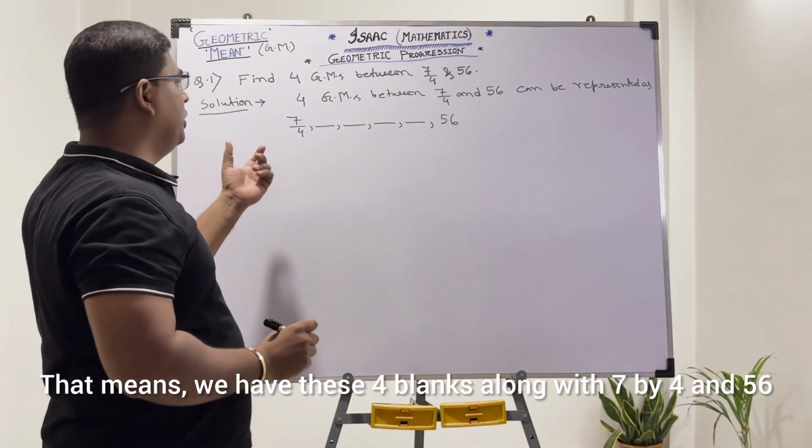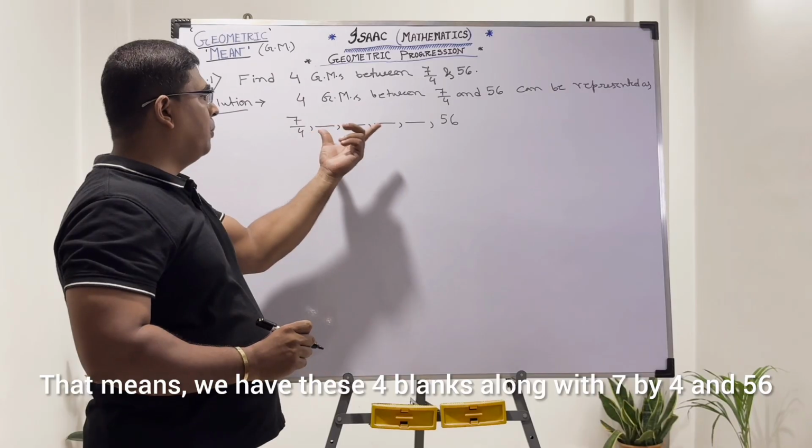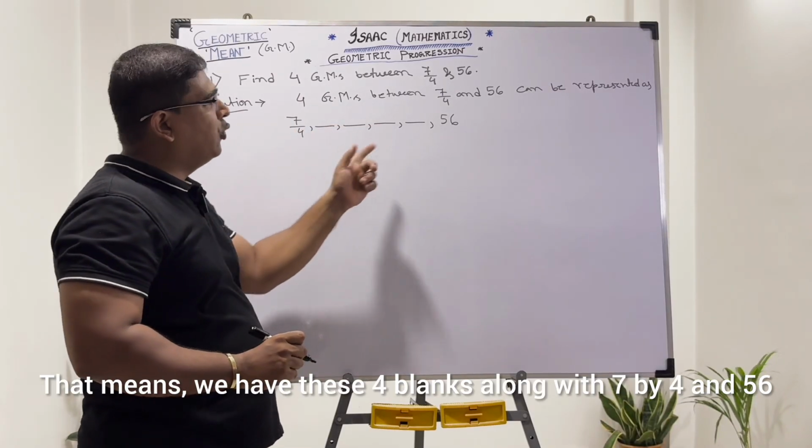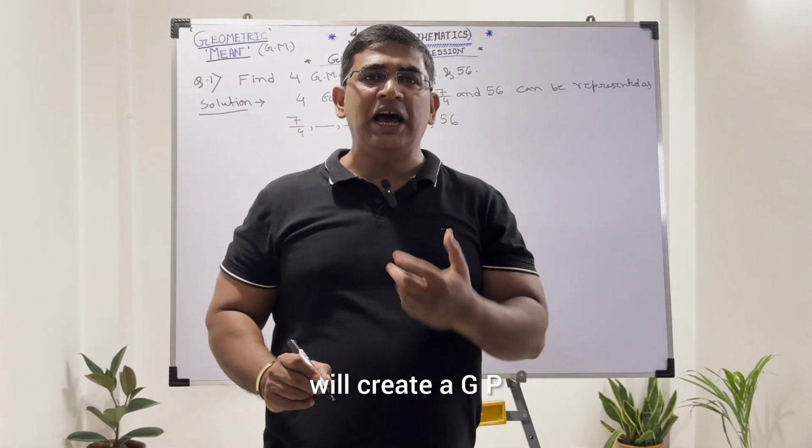That means these four blanks along with 7 by 4 and 56 will create a GP.